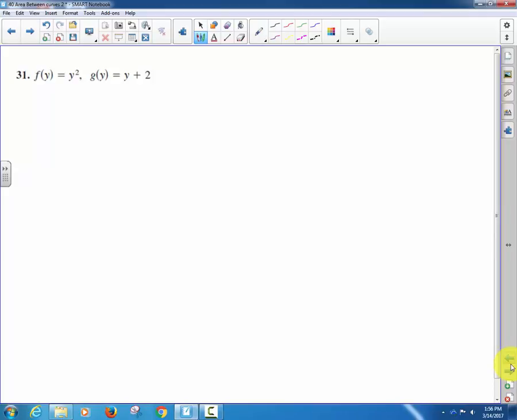Now, this is a cheat to it, okay? If I rename these f of x equals x squared and g of x equals x plus 2, what have I done to them? Graphically, I've moved it.